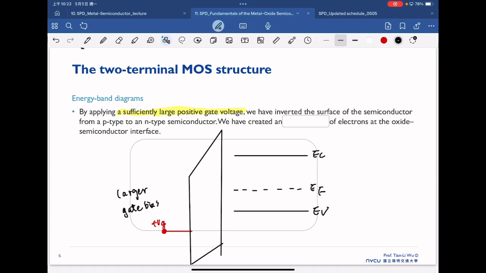And the huge band bending happens not only in our dielectric, but also at our semiconductor interface.